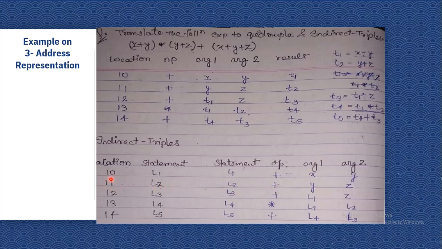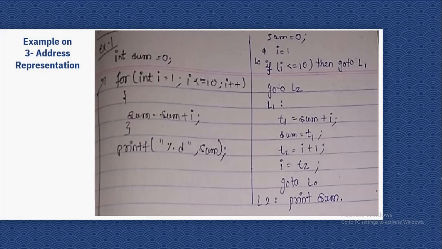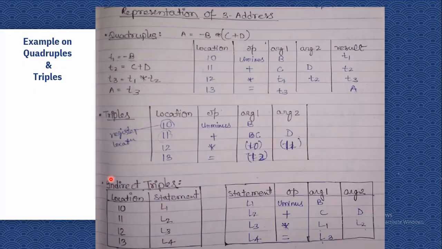In this way, we can represent our code in the indirect triples format. So these are examples of the representation of three address code in the form of quadruples, triples, and indirect triples.